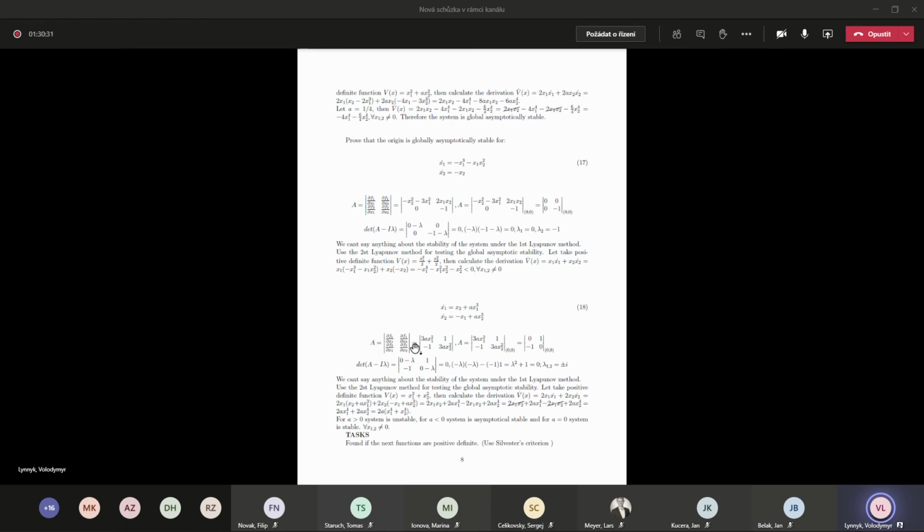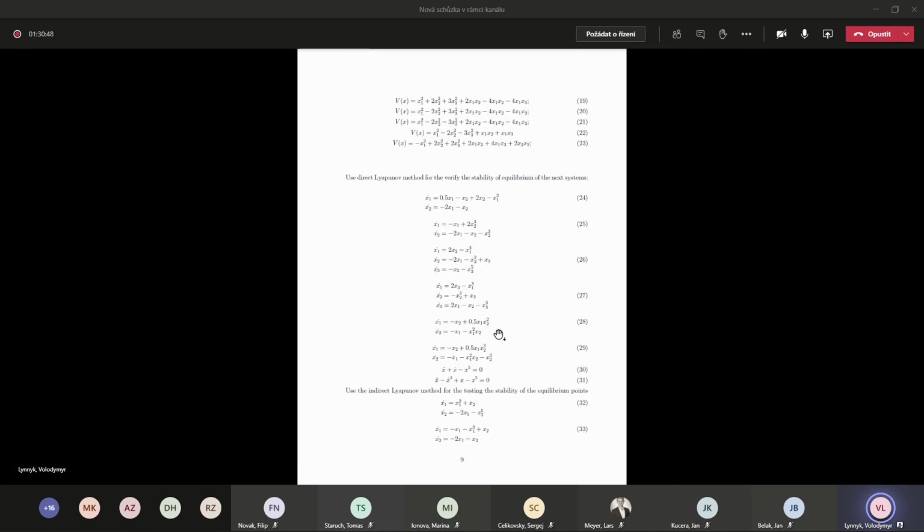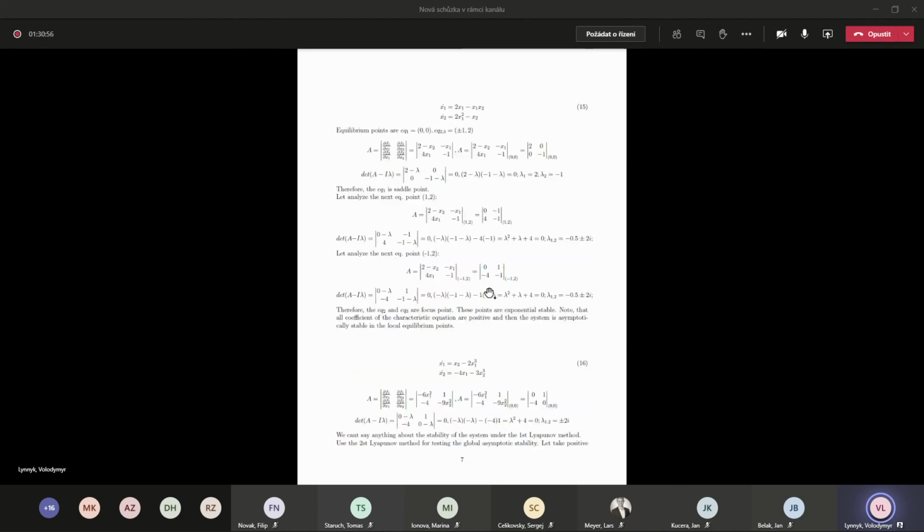We calculate the Jacobian and find that lambda 1,2 equals plus minus j. We can't say anything. This is for the direct Lyapunov method. Okay, do you have any questions?